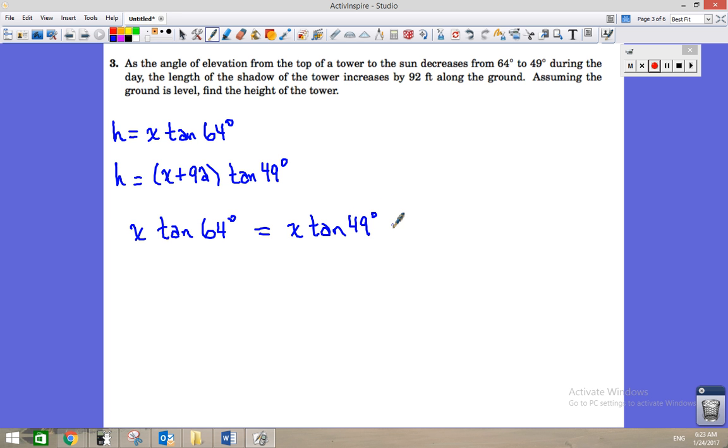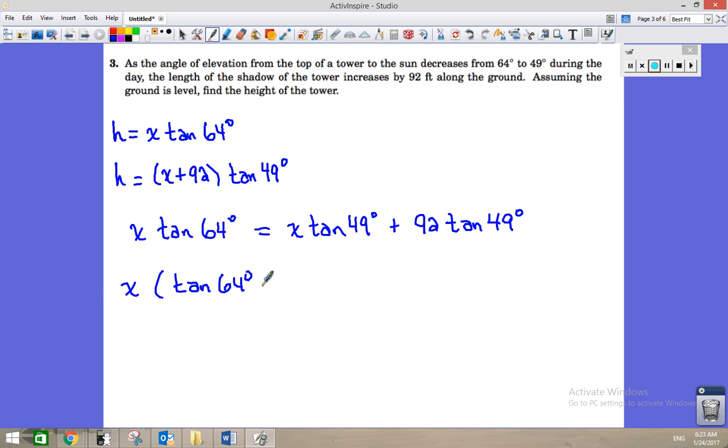So now we want to solve this equation and we've seen there's been a couple of problems that have been pretty much identical to this one, but with different numbers. So we want to get the x on the same side of the equation, and I'm going to factor it at the same time.